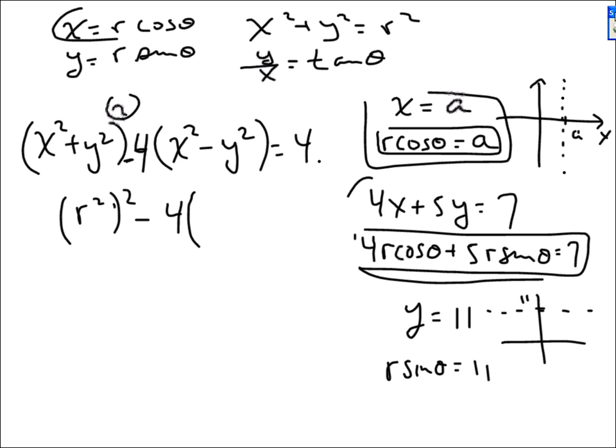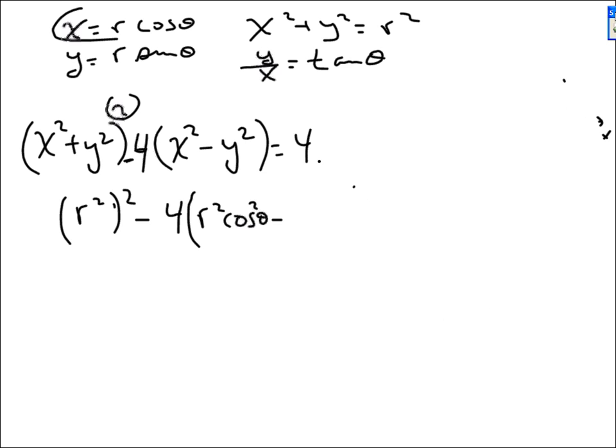Square x. You get r squared cosine squared theta minus y squared, r squared sine squared theta. That would be your answer.